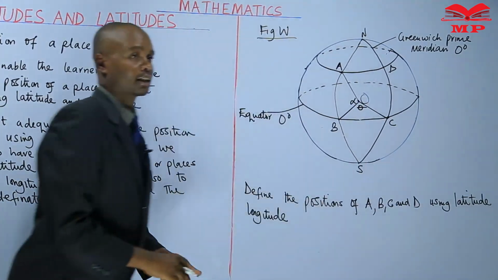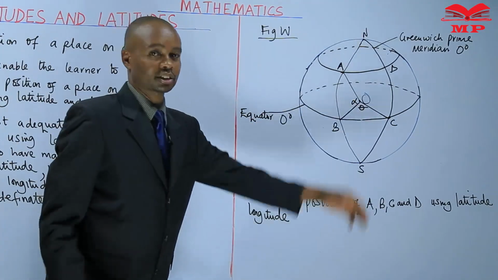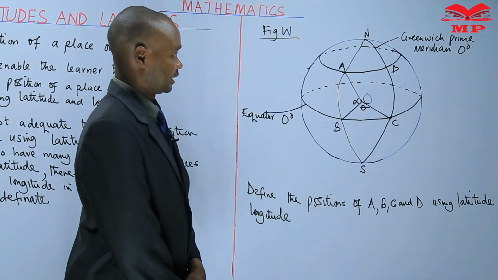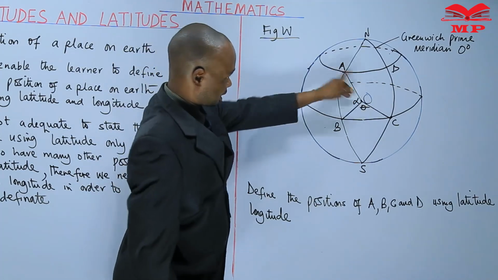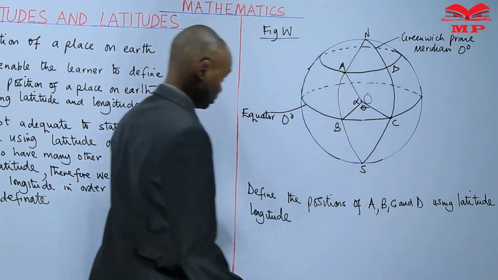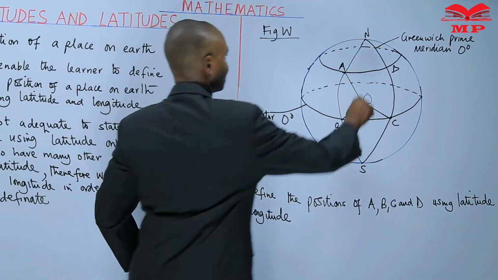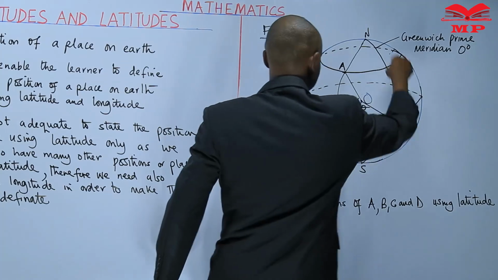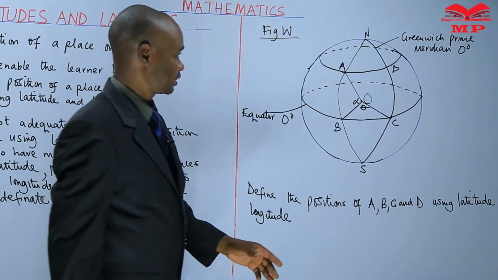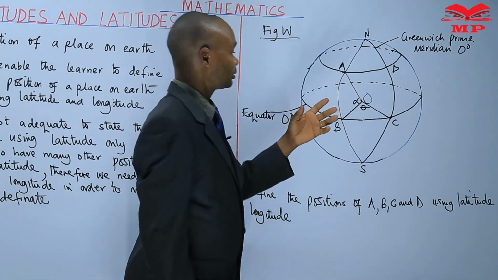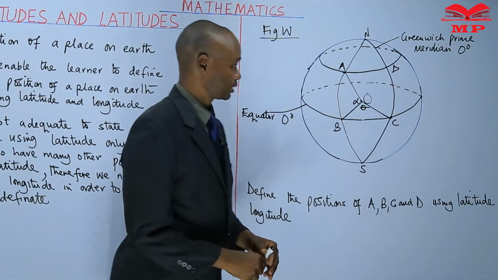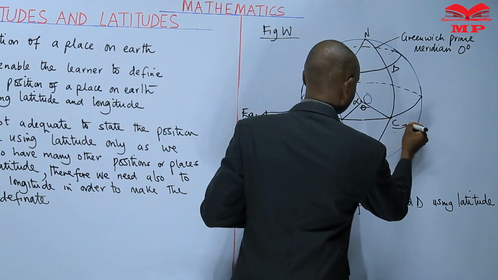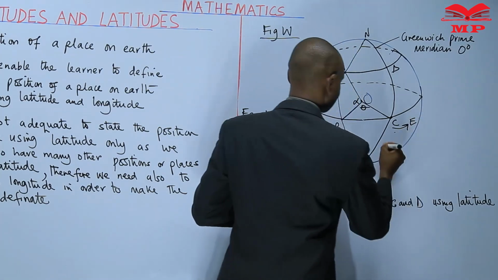So before we go to that, we identify the lines of parallel we have. I have the equator here. Any lines parallel to the equator like these ones, those are latitudes. Any lines similar to the Greenwich prime meridian, those are what we call longitudes. When you move this direction of the Greenwich prime meridian, you'll be moving east.